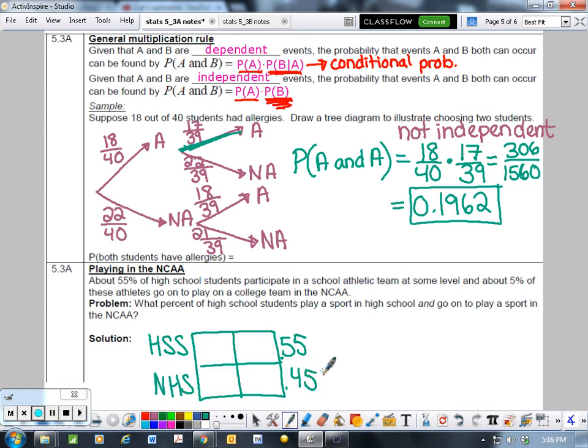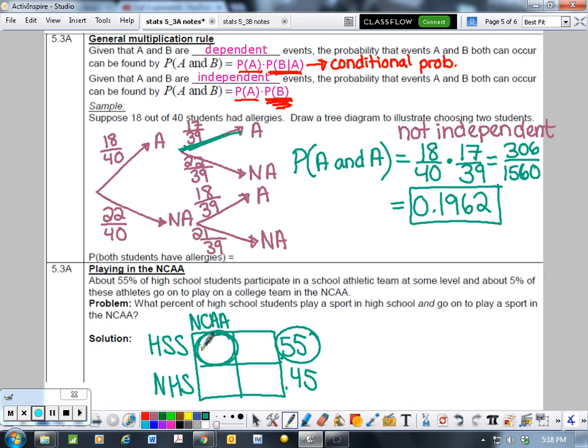Now I want to figure out how many of them play NCAA sports. And so now I know that 5% of this 55% goes here. Okay, so what I want to know is what number is really here.